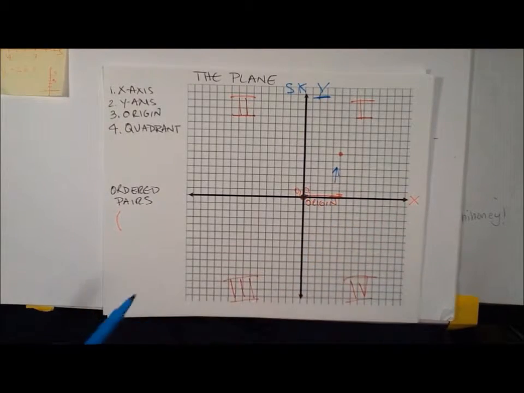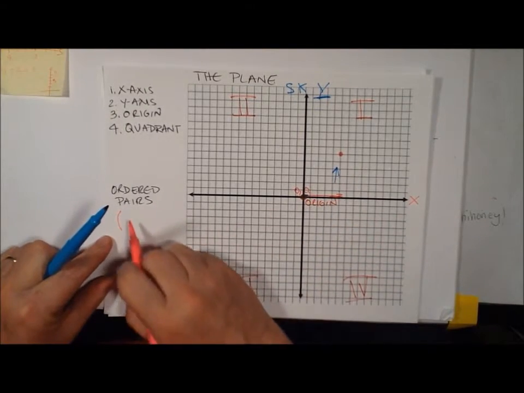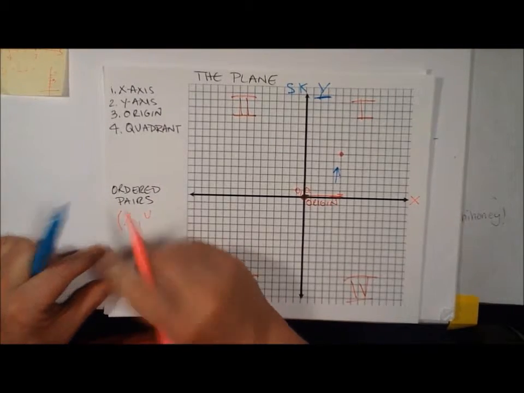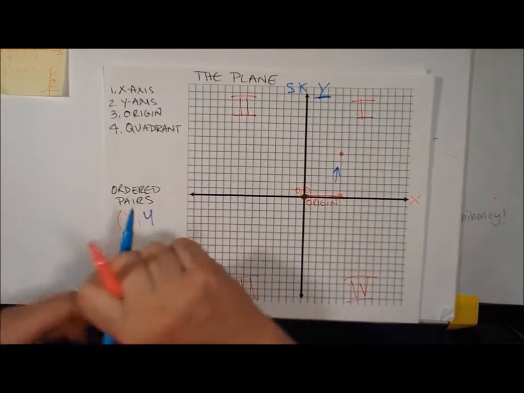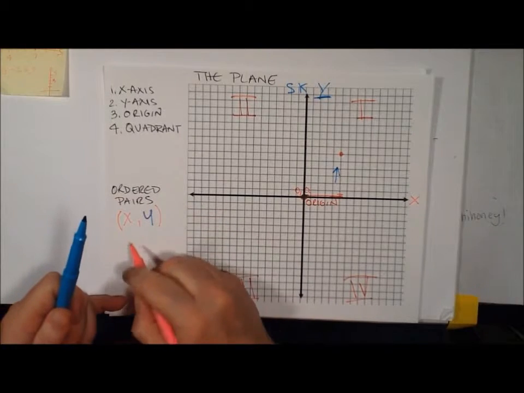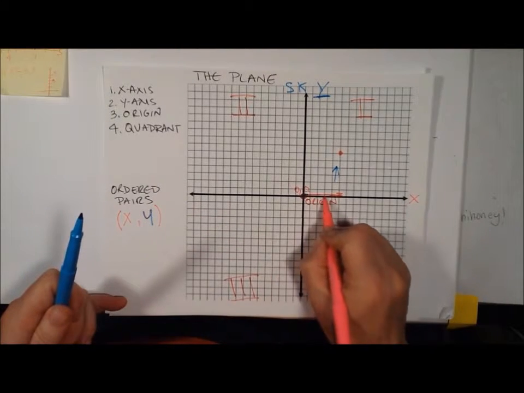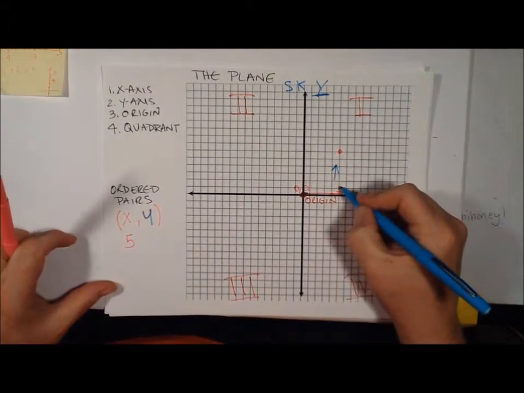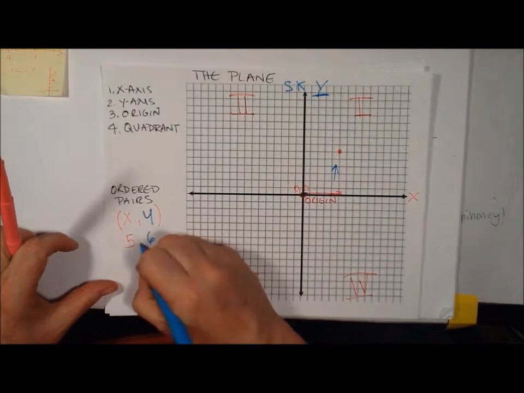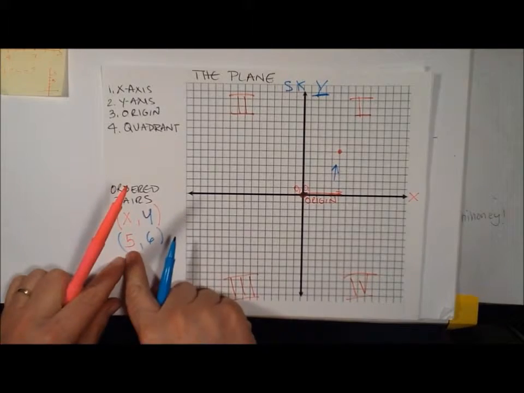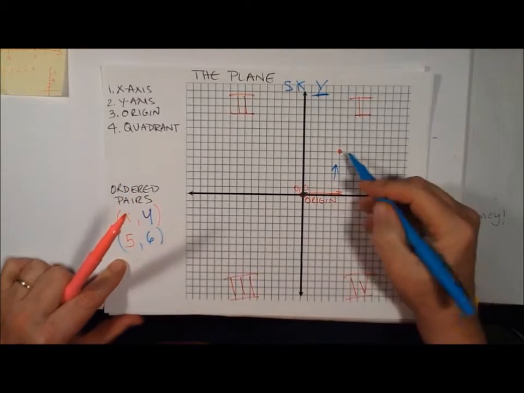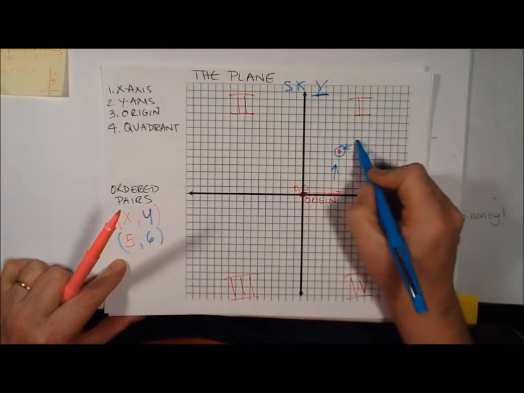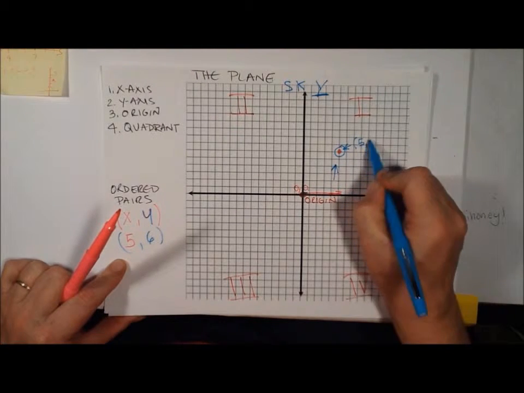First I'm going to do the x value, because the ordered pair looks like this: x and y. My x value was 5, and my y value was 6. So (5, 6) is the address of this particular point on my graph, and that's how we say where it's located.